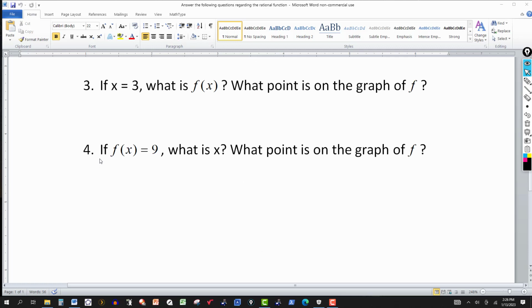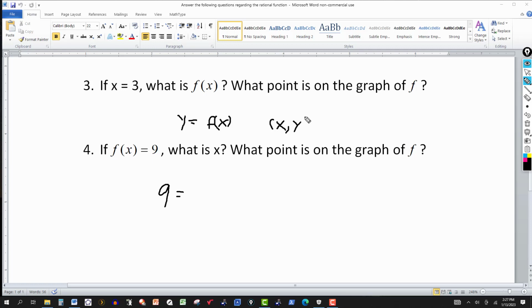And then for number 4, the last one here, if f of x is equal to 9, what is x? So what value of x generates a y value of 9? Remember, when you have a function y equals f of x, we can write the coordinate as x and y.